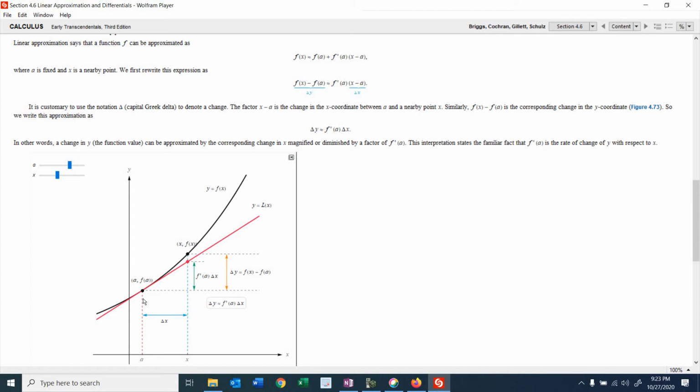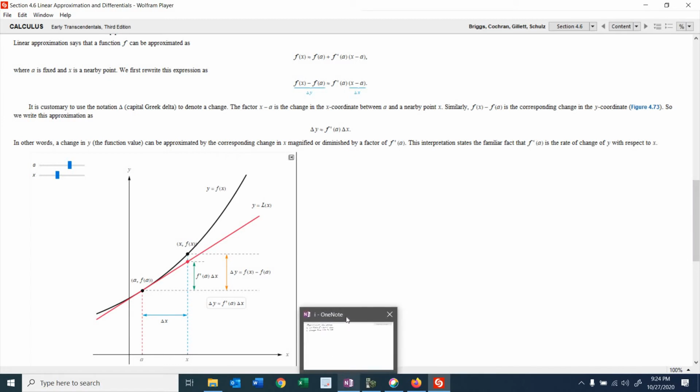As we make this change in the x value, delta x here, the rise that occurs on the tangent line would be f prime of a times delta x. That's your rise. And that's approximately the same as delta y.